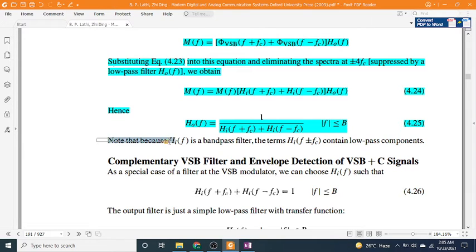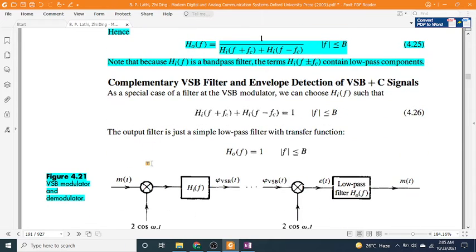Note that because H(f) is a band-pass filter, the terms H(f ± fc) contain low-pass components.